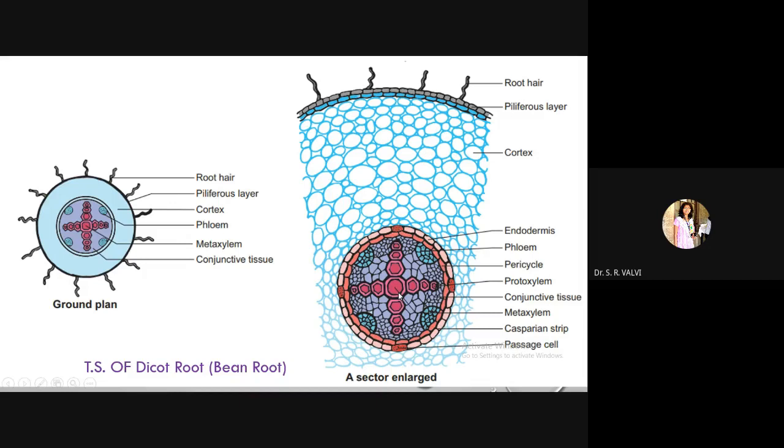Again see, students, as I have explained, see my cursor: these are the bigger cells of the xylem present towards the center, and smaller cells, the protoxylem, present towards the periphery. So again our condition is MCPP, and the type of xylem is exarch xylem. So here 4 patches of xylem and 4 patches of phloem are present in a dicot root. The rest of the explanation is similar in case of this dicot root.